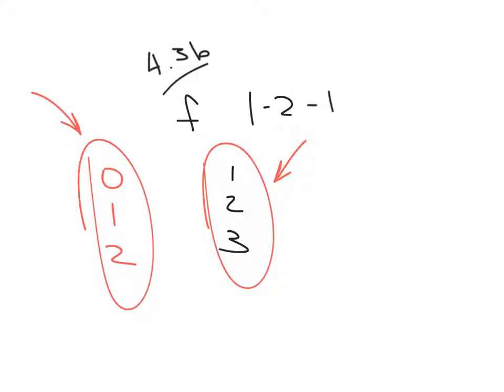D comes before R, X comes before Y. So my inputs are X's, my outputs are Y's. That gives us a little bit of an idea of what a one-to-one function is. So let's look at example 2 and see if we can make that make a lot more sense than probably what it appears to right now.